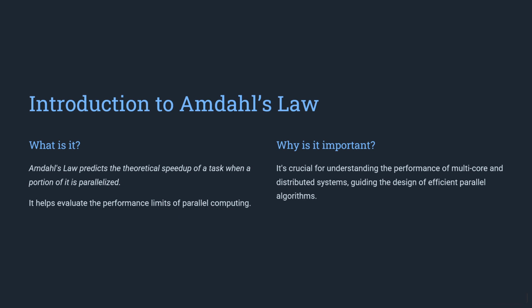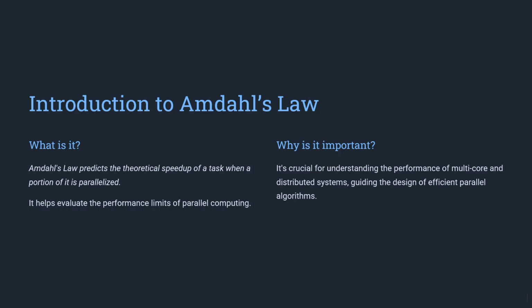And why is it important? First, it identifies the bottlenecks. It highlights the sequential parts of a program that limit performance, guiding developers to focus on optimizing those areas. The second one is practical optimization.